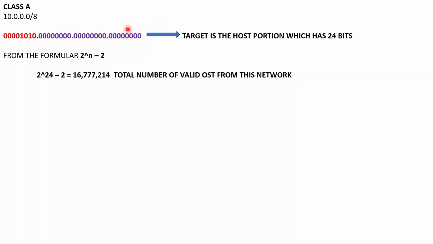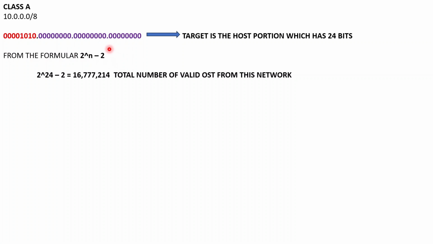Now, our target is to find the total number of addresses per network. From our formula, 2 to the power of n, then minus 2. N represents the number of bits that are available to our host portion. So for this network, the number of bits available to our host portion is 24 bits. So 2 to the power of 24, then we minus 2.